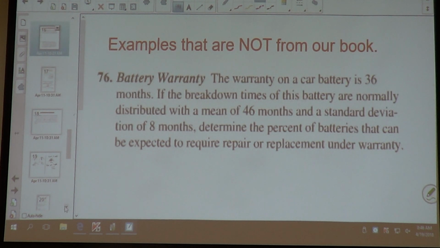Your normal curve with your mean and standard deviation, think about what your data point is, then think about your shading, do your normal CDF.